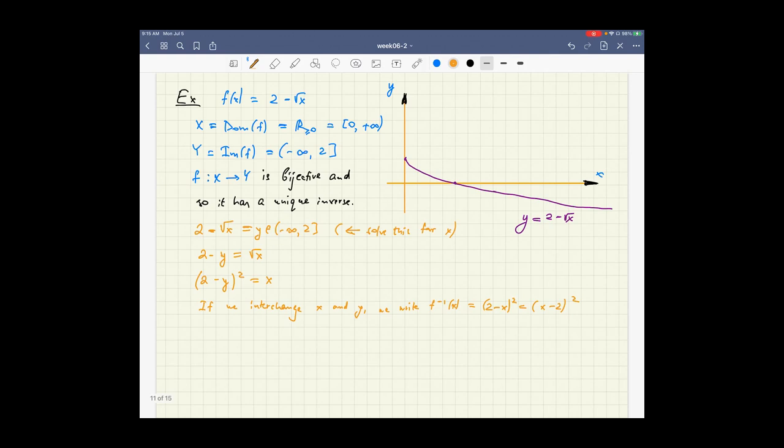What about restrictions on x here? Well, because x is the old y, x must follow the same restrictions as the old y. X here is in the domain of f inverse, which is the same as the image of f, which is the interval from negative infinity to 2.